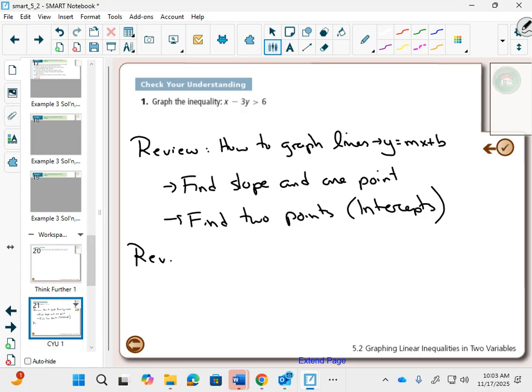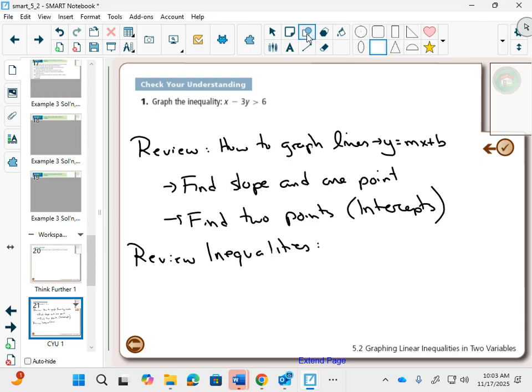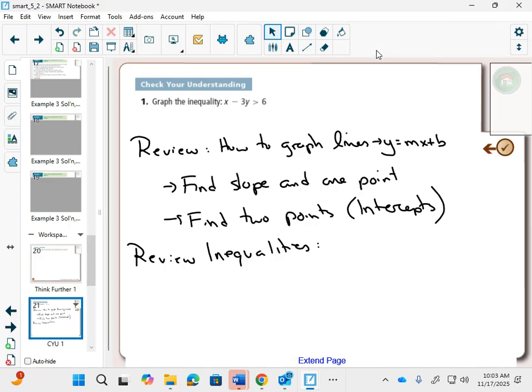A little review of inequalities. There's one special rule for solving equations with inequalities. Do you remember the special rule? What is it? When you multiply or divide by a negative number, you have to flip it. Yes.